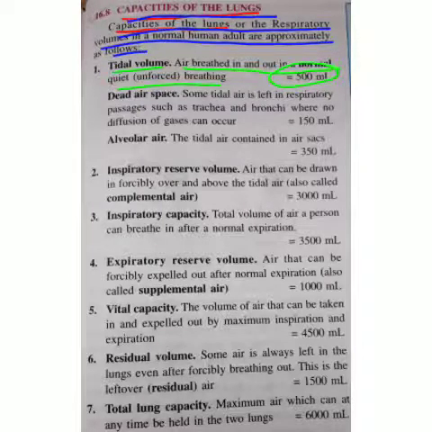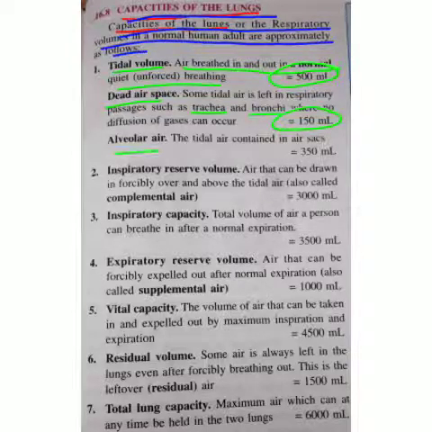Next is dead air space, means some tidal air is left in the respiratory passage, that is in the trachea or in the bronchi, where no diffusion of gases takes place. So that is 150 milliliters. Even some tidal air is contained in air sacs as well, that is in alveoli, that is 350 milliliters.